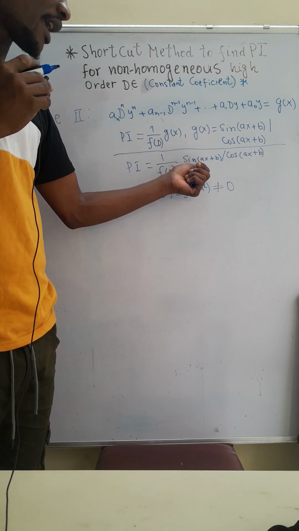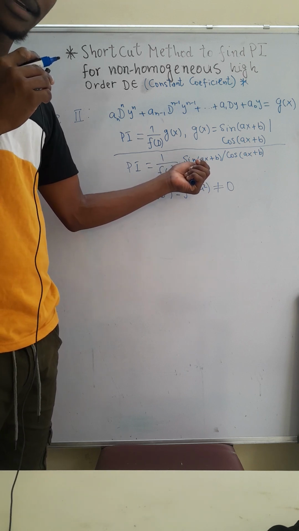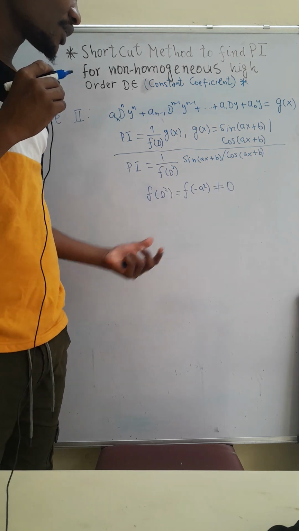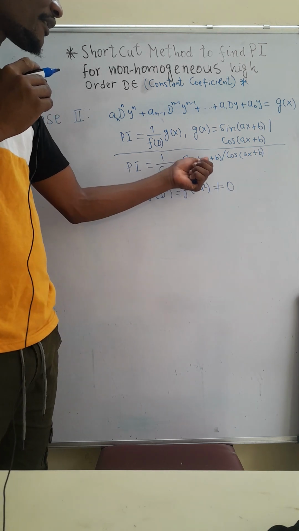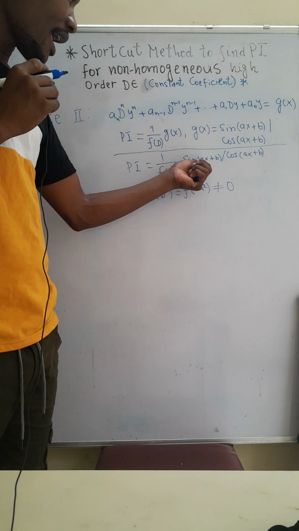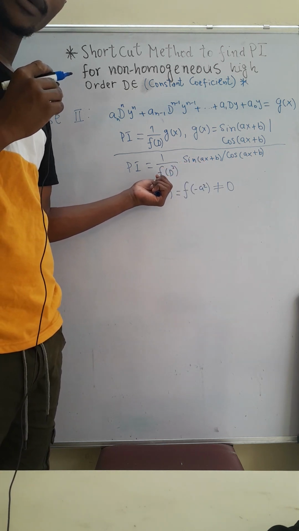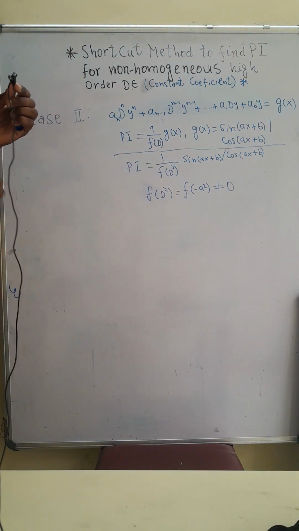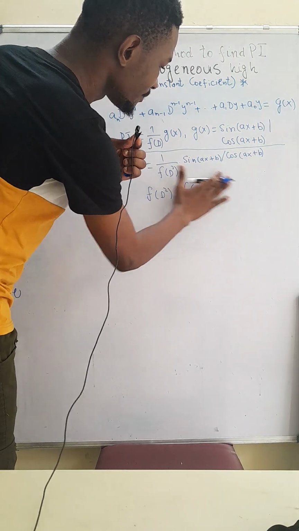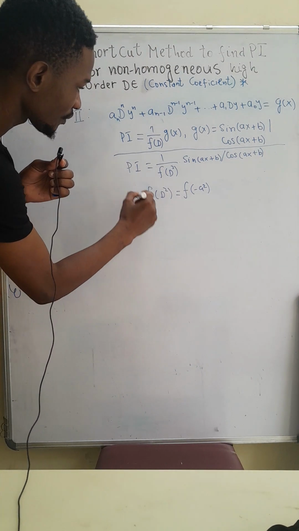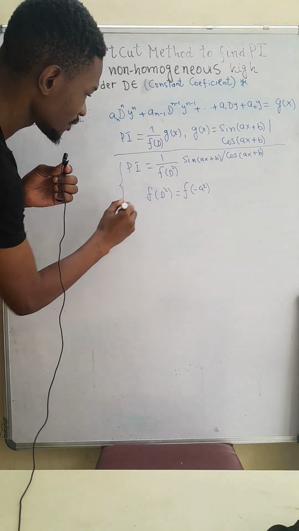This a is the coefficient linked to x in this function. I will just substitute, and that's fine. Now, suppose the a square that I'm substituting makes this equal to 0. This is the general substitution.